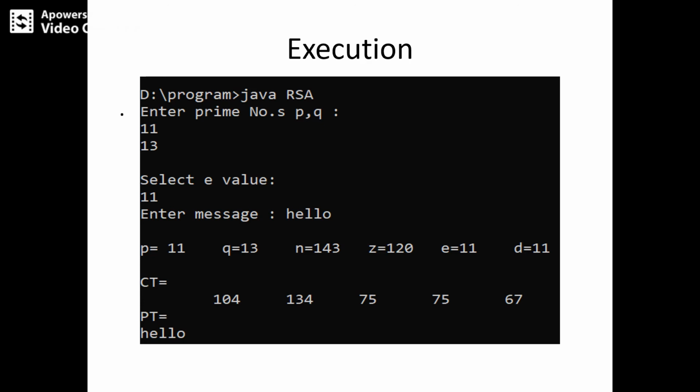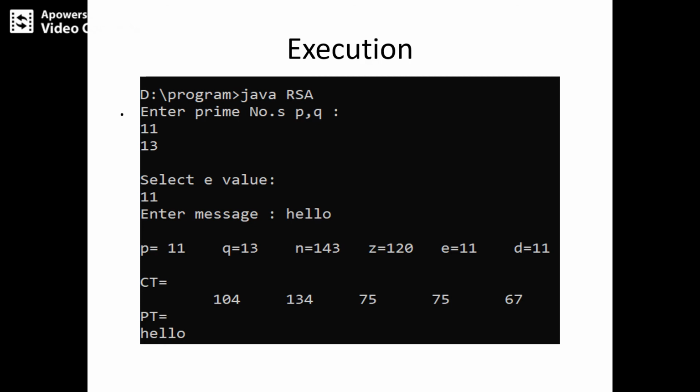So we know the product of the two prime numbers is n, and phi of z is P minus 1 into Q minus 1. Similarly, we know how to select an integer value e, the exponent value: e should be less than z and greater than 1, provided that the GCD of e comma z is equal to 1.